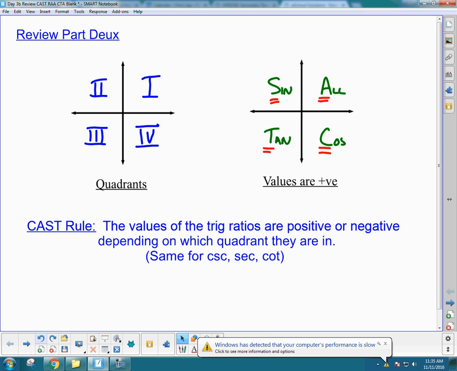For example, if I said something like, is cosine of 135 positive? Well, 135 is in the second quadrant, which is the S quadrant. I asked for cosine. So sine is positive in the second quadrant. That means cosine must be negative. The good news is it works the same for the reciprocal functions. So if sine is positive, then its reciprocal cosecant is also positive. Because when you take the reciprocal of a number, you don't change the sign, you just change the numerator and denominator.